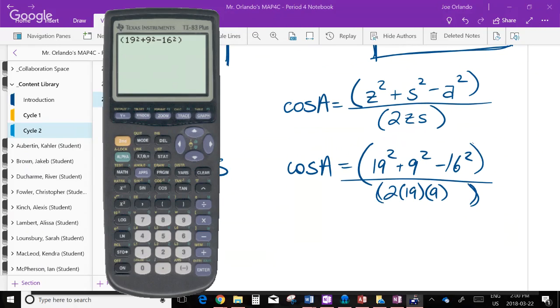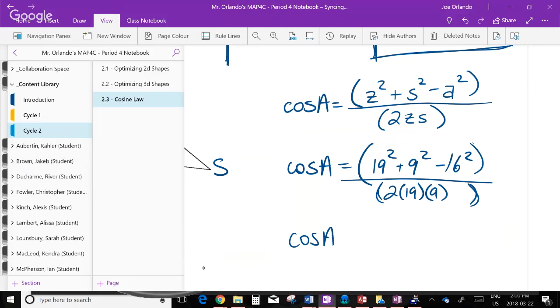And then, how do I make it a fraction? I divide, and then I open a bracket. The whole bottom goes in a bracket. And then 2, I could use the multiplication button. But if you've written it in brackets, you can match that exactly. Nothing wrong with that. And there we go. And when I do that, I get some stupid little decimal. 5439.